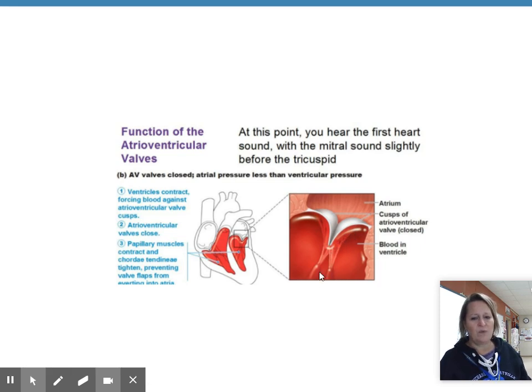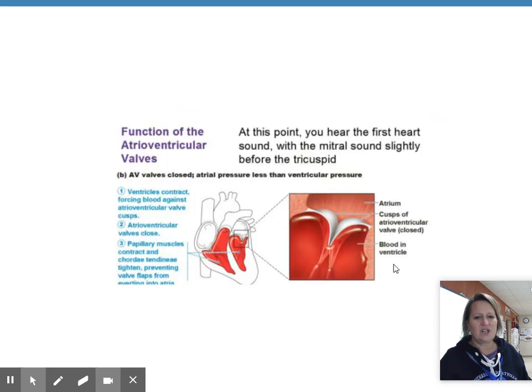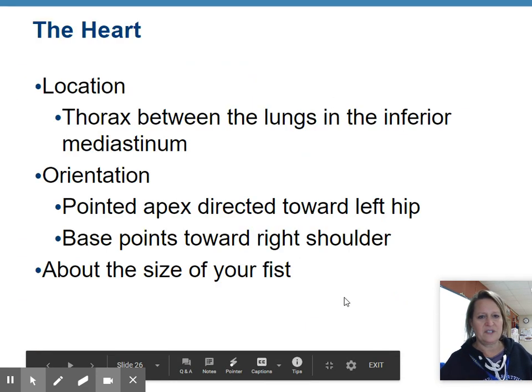And what that's doing is preventing the valves from just moving back into the atria. So that is going to be the function of the AV valves. And then when the ventricles are relaxed, then that valve can open because it's not being forced shut by the blood from the ventricle, and then the atria can drain into the ventricle. So that is the function of the valves.